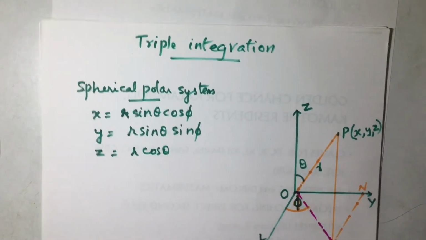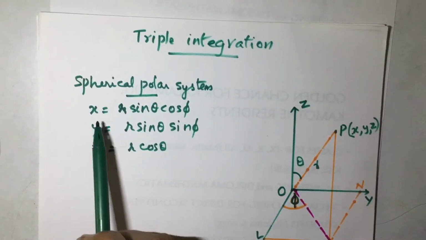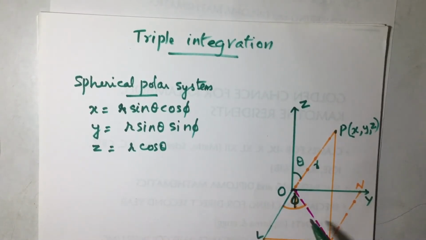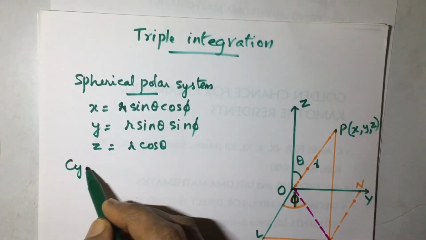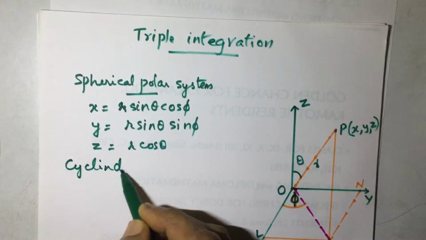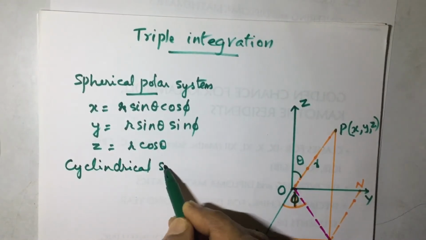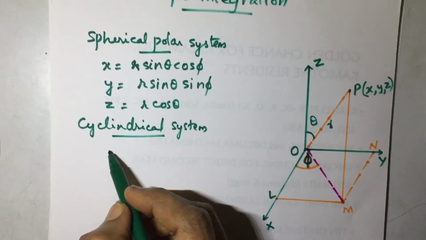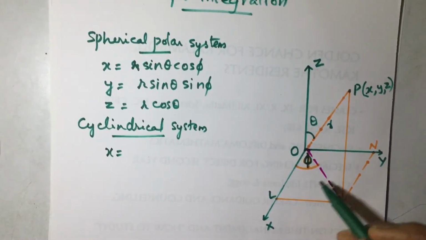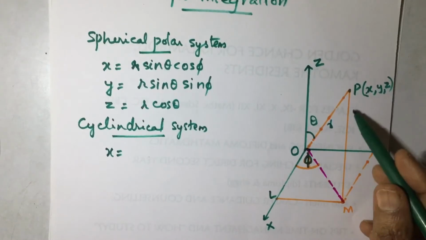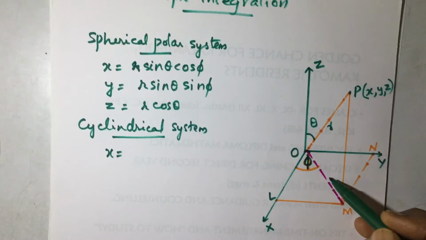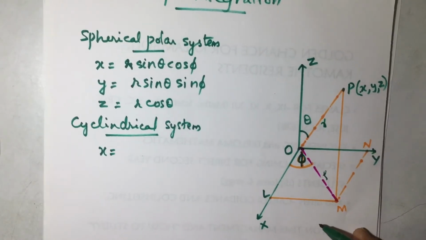Then, as you know, r square will be x square plus y square plus z square, then angle phi will be tan inverse of y by x, and so on. Then the same coordinates x, y, z in the cylindrical system: suppose this PM, you know, is z, then this OM I am taking as rho.